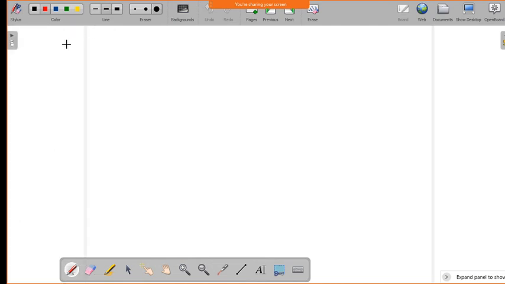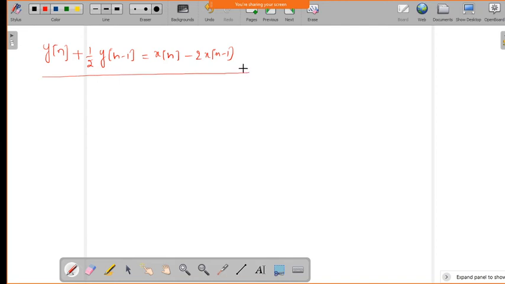Okay. So you can take this difference equation: y of n plus half into y of n minus 1 is equal to x of n minus 2 into x of n minus 1. So now this is the difference equation which is given. We have to find out the frequency response. So if you want to get the frequency response, now take the DTFT for this.